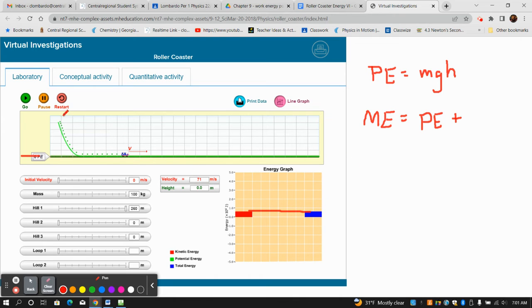So at the very bottom of this roller coaster, we are at our maximum kinetic energy. So 0 plus kinetic will give us the total energy down here. At the top where we were not moving, where V was equal to 0, we had 0 kinetic energy. And how do I know that?